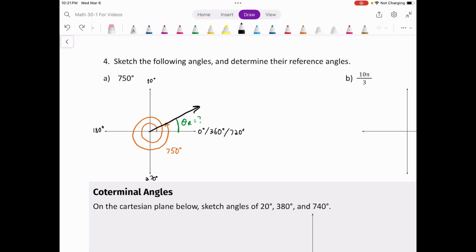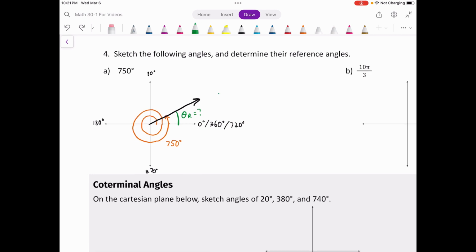Get to what we call a principal angle. Principal angles are just the ones from 0 to 360. They don't involve multiple rotations. But again, we could just notice here, what do we need to take away to figure out that reference angle? Well, we just got to take away all this stuff and we'd be left with our reference angle. So what is that? What did I just scribble out? I just scribbled out a full 2 rotations, right?